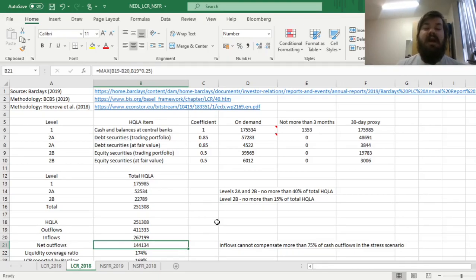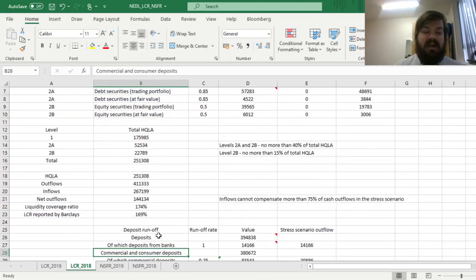It means that Barclays is probably slowly adjusting to the requirements of the Basel Committee for Banking Supervision, and tries to figure out what is the optimal mix of the two to guarantee the smooth functionality of their business without too many restrictions, and also to qualify for the mandatory value of 100% LCR without any issues.